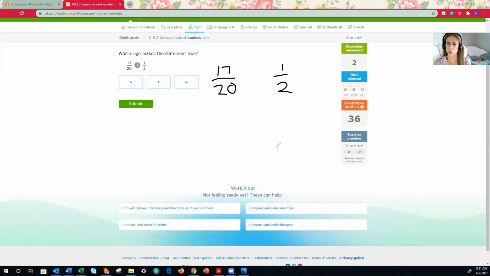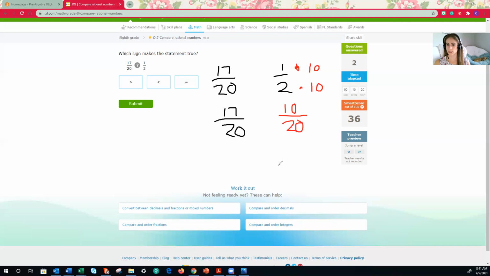What do we need to multiply 2 by for it to equal 20? Yeah, 10. All right, let's multiply both numerator and denominator by 10. 1 times 10 is 10. 2 times 10 is 20. Let's bring our other fraction down, which we did not need to change at all.